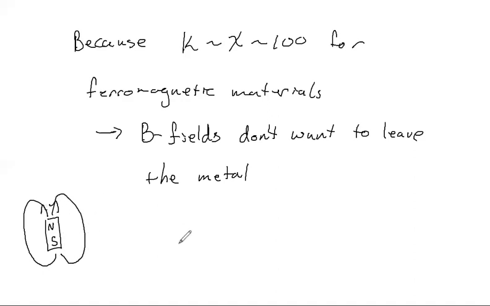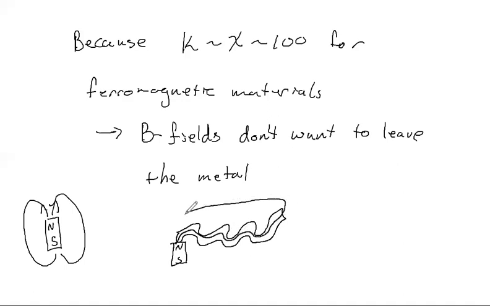On the other hand, if I had a weird piece of metal and I were to put the magnet next to that piece of metal, rather than forming a nice dipole pattern, those field lines would go out and would prefer to follow the metal around rather than leak into the air.